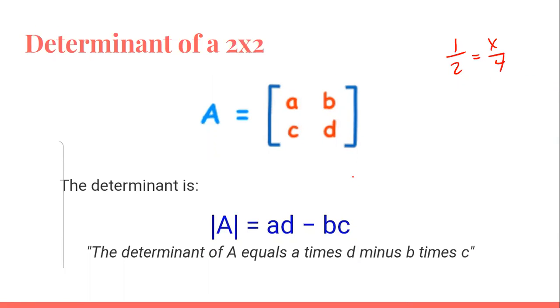What did you learn to do here? You cross multiply and divide, right? Similar concept when finding the determinant, except you're cross multiplying and subtracting. So we cross multiply and we subtract, and that number produces the determinant of a 2 by 2.